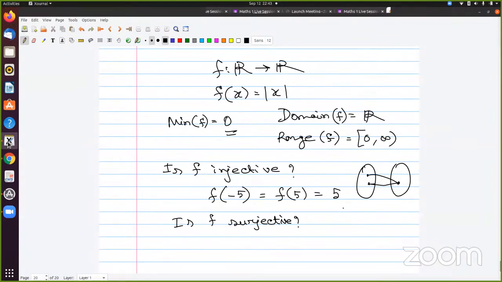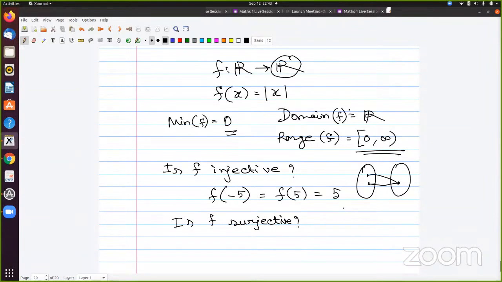I can give. First tell me, is it surjective or not? No. Who asked that question? Tell me, is it surjective or not? What is the range? You have said 0 to infinity, right? The codomain is the whole of R. Are these two the same?